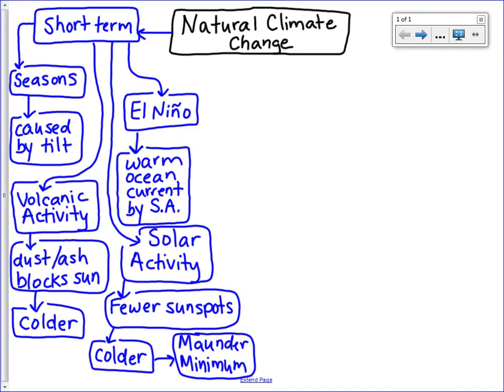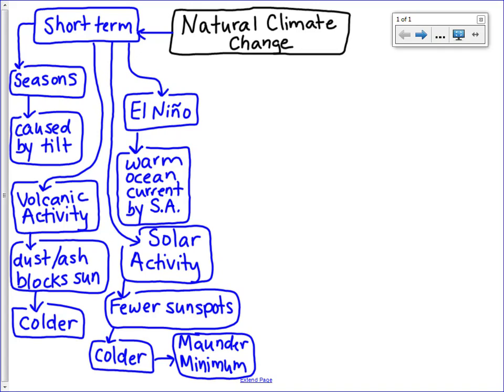And supposedly during this time period in history, there were people in London ice skating on the river in June. And London has a similar climate to what we have here. We would not expect to be ice skating in June. So that's how cold the solar activity can make it, or how much it can change our climate.